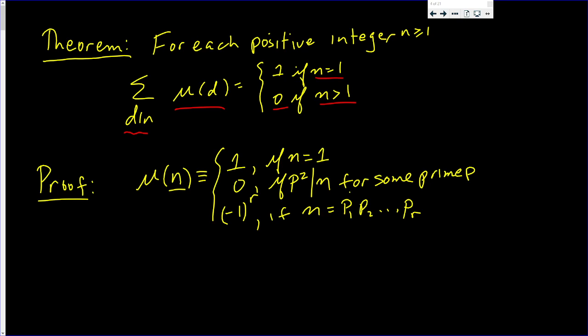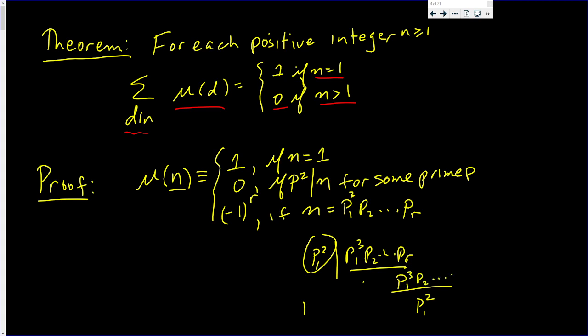Because the instant you have a power 2 or bigger, then p squared goes into p1 cubed, p2 up to pr, because this is a multiple of that. Or, you can see it: p1 squared really divides into this. I can tell you exactly how many times. p1 squared goes into p1 cubed p1 times.